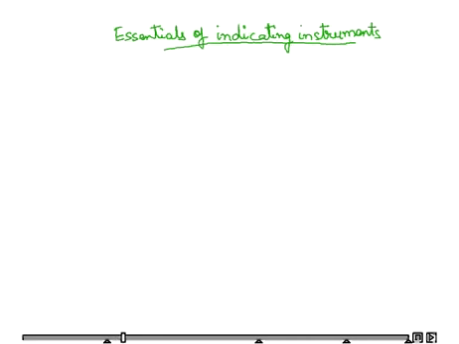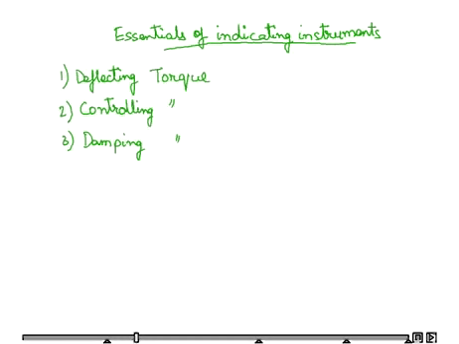For satisfactory working of indicating instruments, torques are required. These torques are very important. There are various types of torque related to indicating instruments. First is the deflecting torque, then the controlling torque, then the damping torque. We have to see the importance of all these torques one by one.